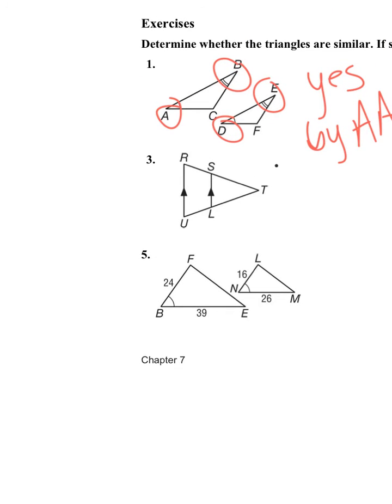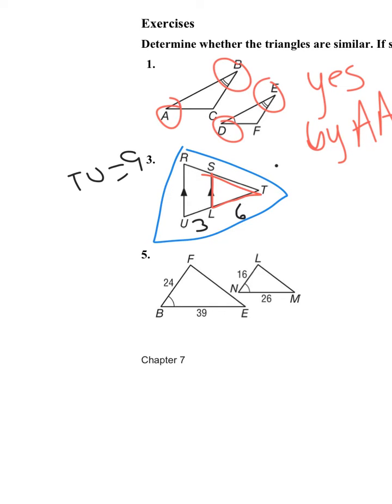Over here, just remember this line here is to indicate that you're going to be comparing this little triangle, TSL, with the big triangle. And another thing, this one doesn't have numbers, but if you have, say, 6 there and 3 there, for the big triangle, TRU, the side TU is 9, right?